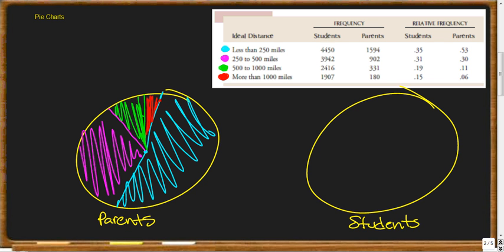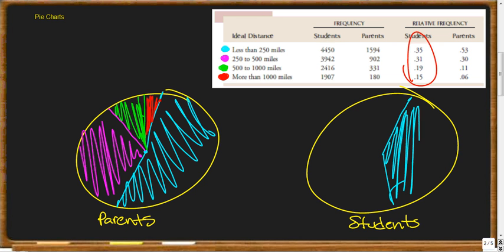For students, you're going to use this data here. So we need 35%. It's a lot more uniform for the students. Students have about 35%, maybe a little bit more. 31% gives us our purple.